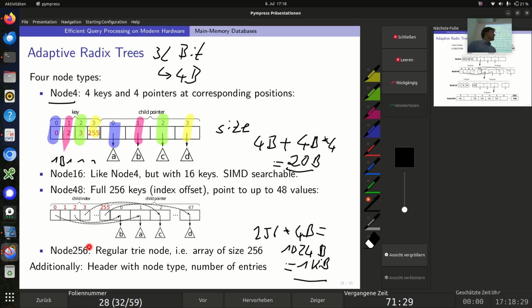And if you read the paper, there's also the justification why we need exactly these 4 node types. There were some memory reasons, some time complexities he considered, but the idea is, let's optimize a radix tree and have adaptive nodes.